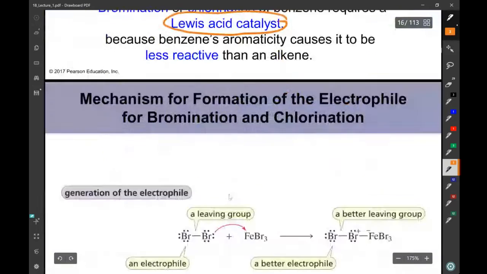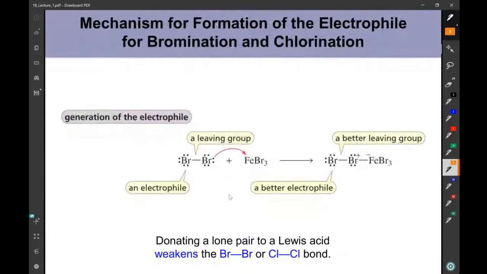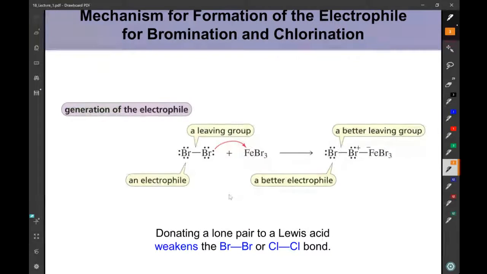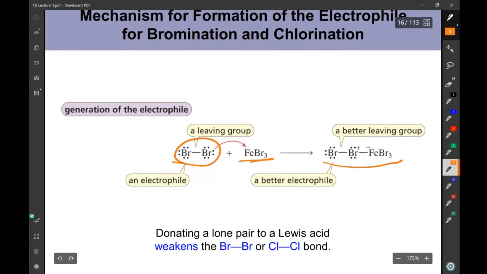And the next slide is simply giving us a mechanism of activation. How is the bromine activated in order to react with the benzene ring? So there is an interaction between our bromine molecule and the catalyst that creates this intermediate, and that intermediate now makes this bromine atom a very good nucleophile.